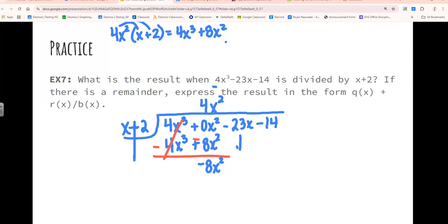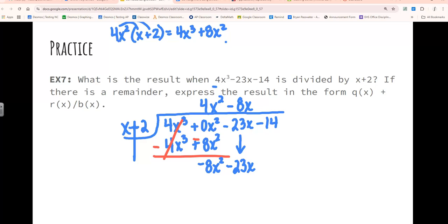Bring down. So I got minus 23x. So I have to ask myself, what times x is going to give me negative 8x squared? Negative 8x.